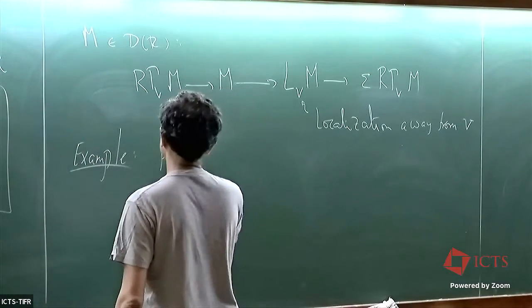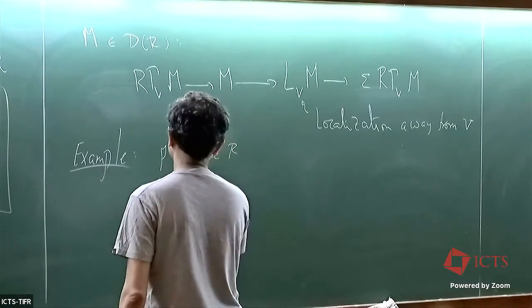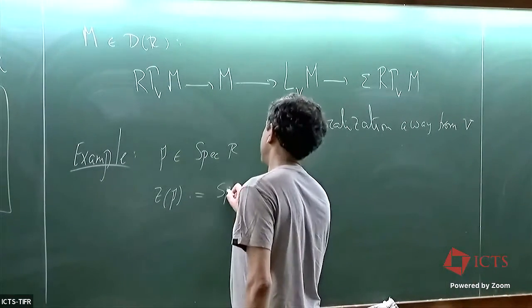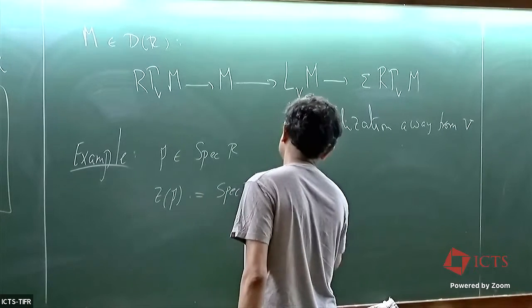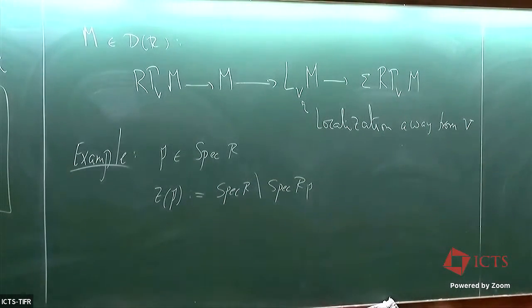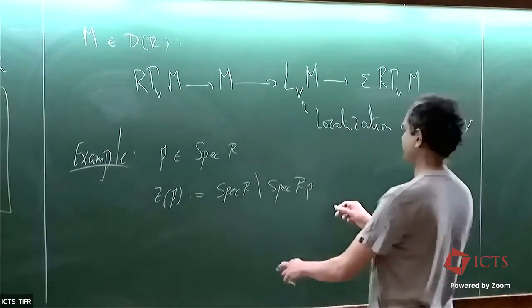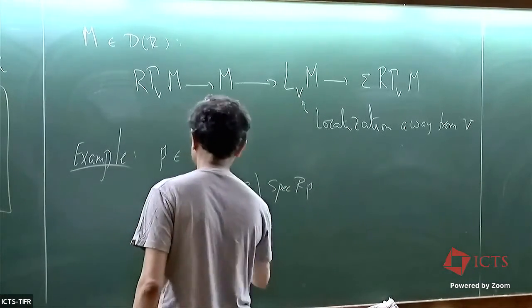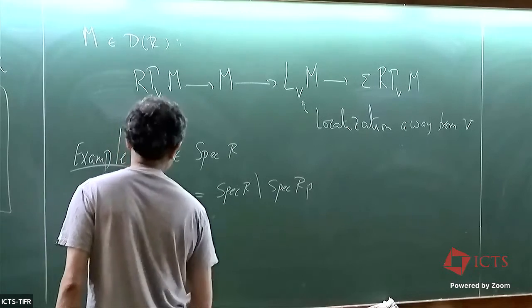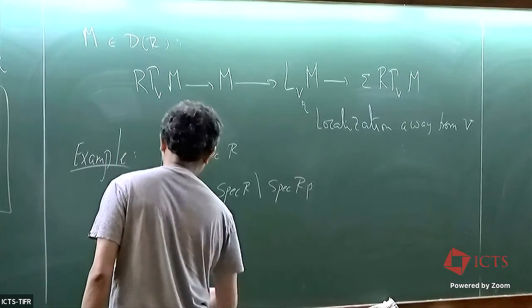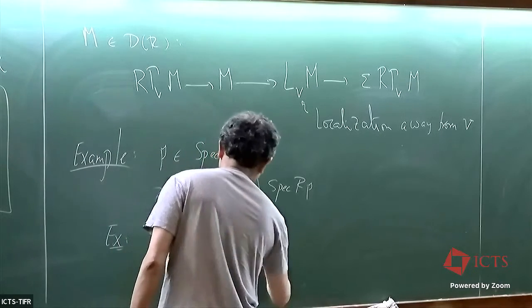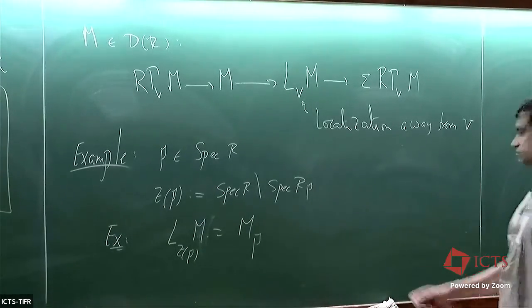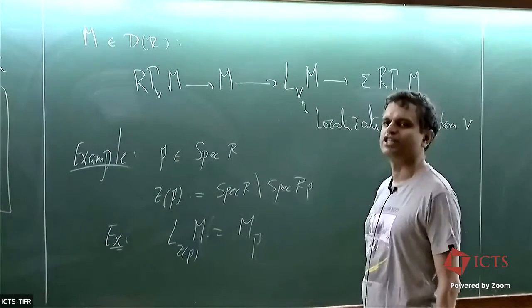If you fix a prime P, look at this specialization closed set: I want to look at the spectrum of the ring, but throw away the primes that are not contained in P, namely the spectrum of R localized at P. You can check that this is specialization closed, and then it's not hard to see, I think I should leave it as an exercise, that localization with respect to this specialization closed set is nothing but localization of M at P. So it's for this reason that I think of this as localization.